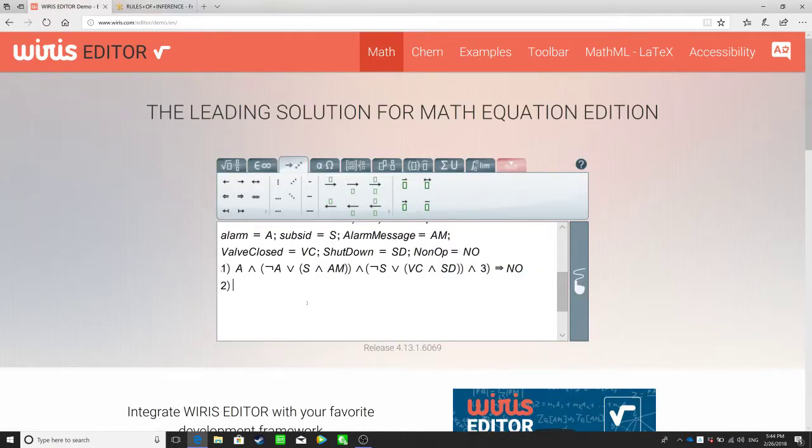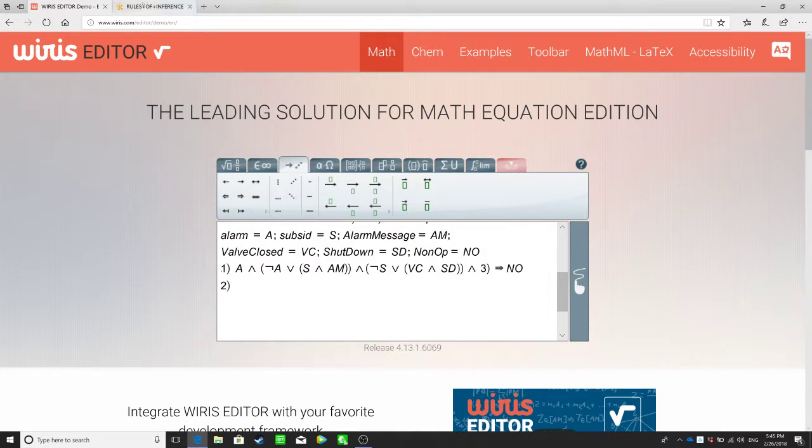Okay, so now let's see what else we can do here. If we want to combine them together, we should see how we can take off those brackets.